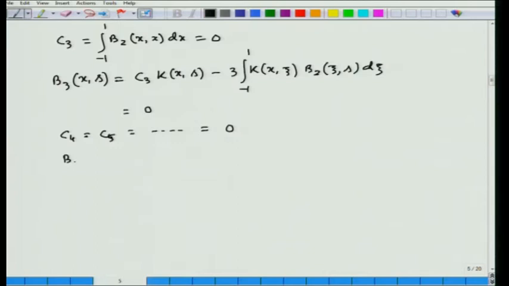Accordingly, B4(x, ξ), B5(x, ξ) and so on, all of them will be equal to 0.